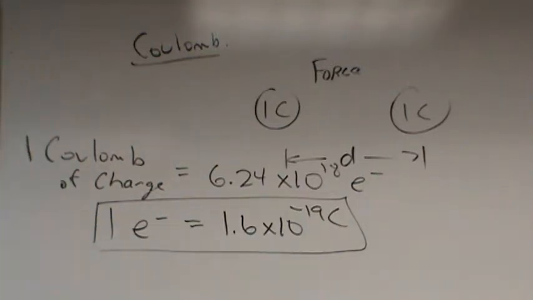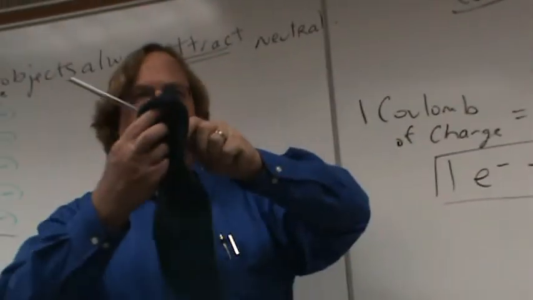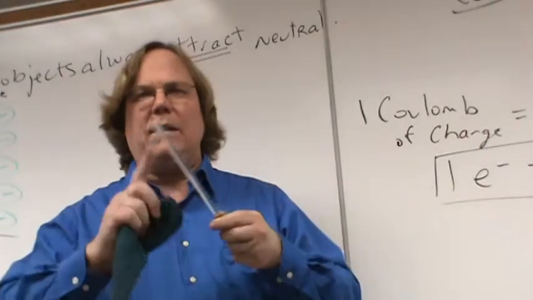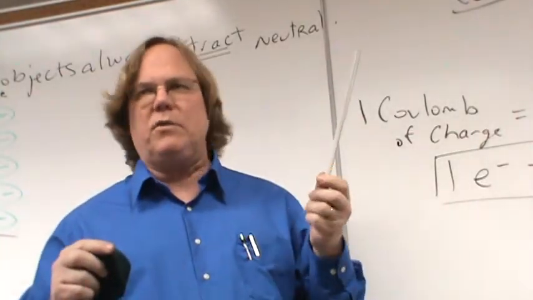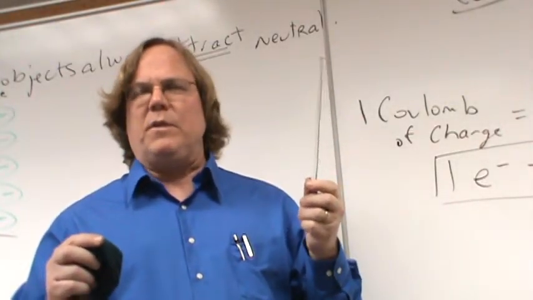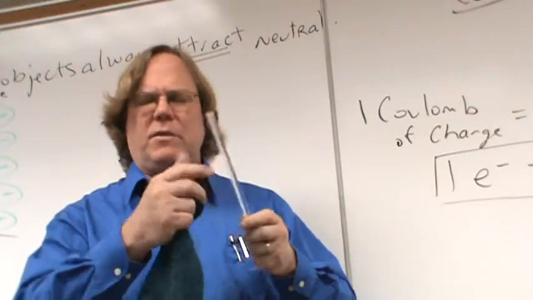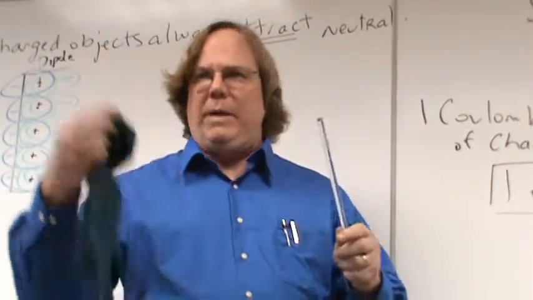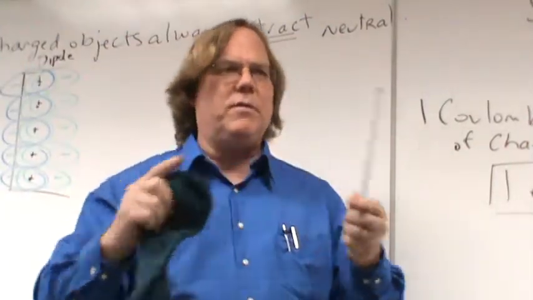Because what happened with Ben Franklin is he's rubbing glass with silk, and he's saying, okay, well, my glass has just acquired a positive charge. But the fact is, his glass did not acquire a positive charge because he deposited a bunch of positive charge on it.